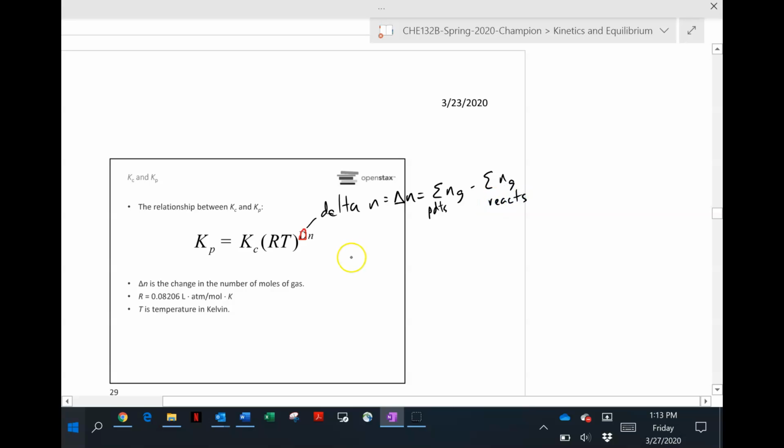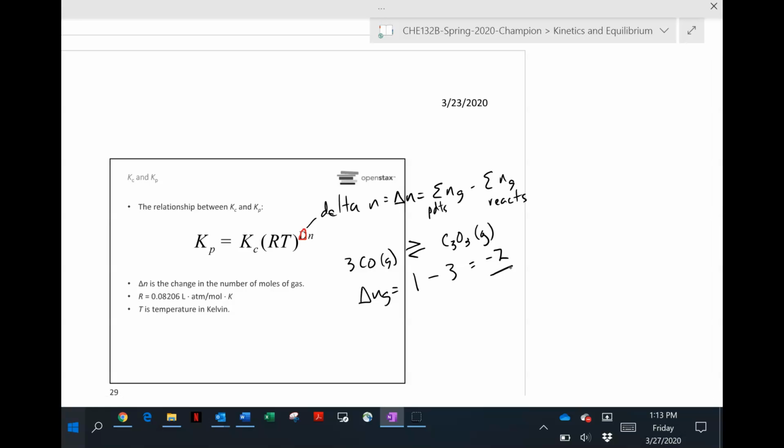So if I have something like 3CO gas in equilibrium with C3O3 gas, delta n sub g here will be 1, there's only 1 gas on the product side, minus 3, there's 3 gases on the reactant side, so that's going to be a delta n sub g of -2. And the values of R and the temperature specification that it's got to be in Kelvin are there.